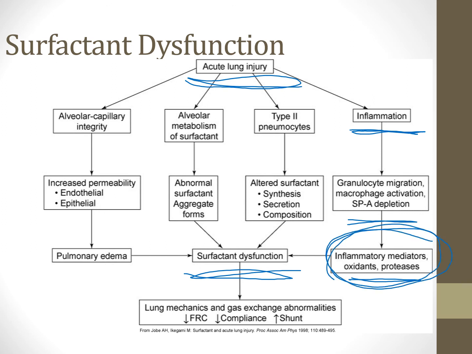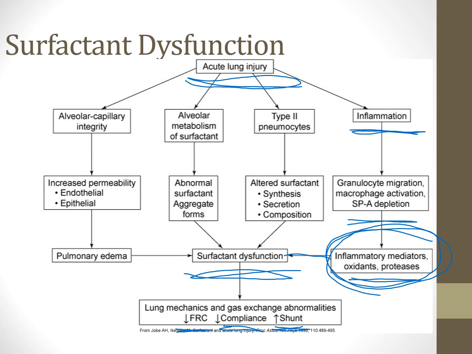So same thing with RDS. They're all released. That then leads to surfactant dysfunction, which means their FRC is going to be low, their compliance is going to be low, and they're going to be shunting more. In other words, they're going to have less oxygen go to their tissues, more likelihood of hypoxemia, therefore more likelihood of not getting enough oxygen to things like the brain, the kidneys, the heart, and so on and so forth.